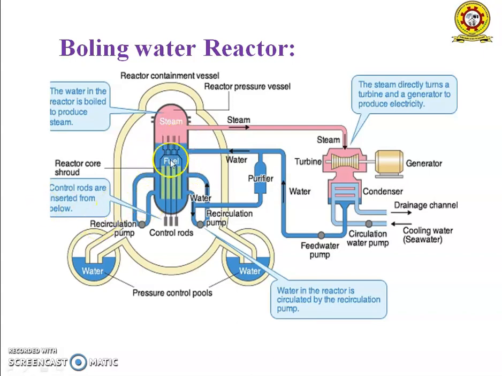So in this, the boiling water gets converted into steam, and this steam is sent into the turbine. The steam directly turns the turbine and generator to produce electricity. Some of the steam is sent into the condenser. In the condenser, the steam temperature is reduced and it is converted into water.